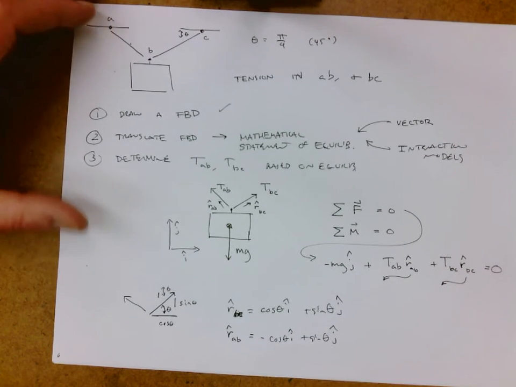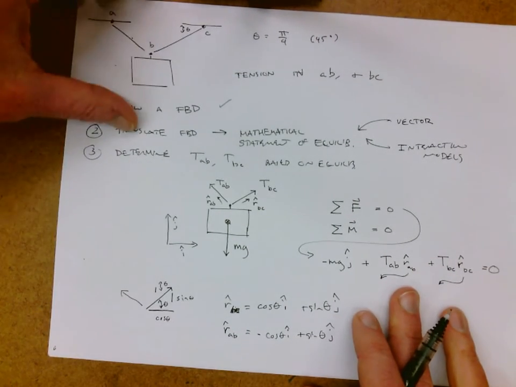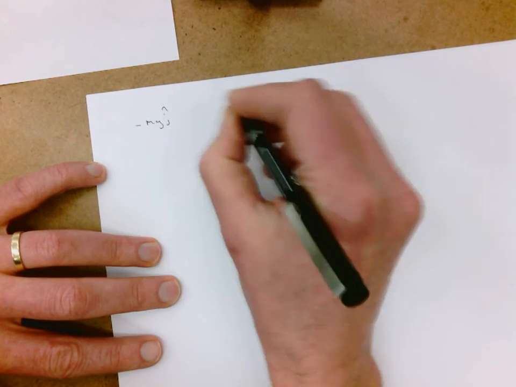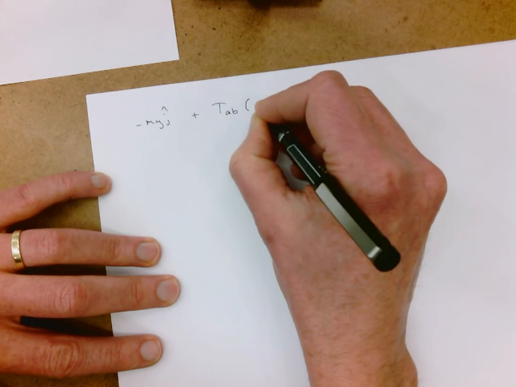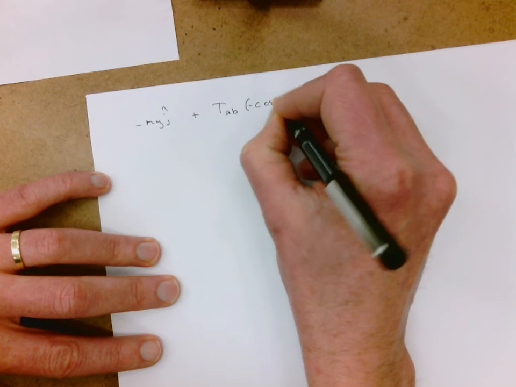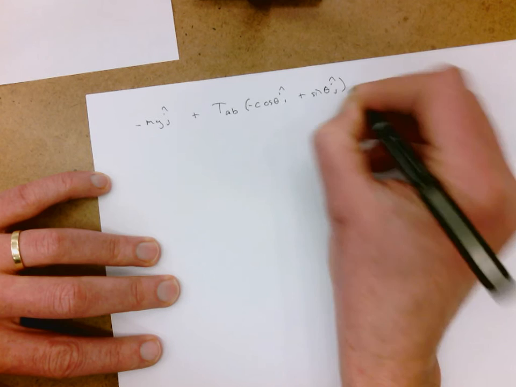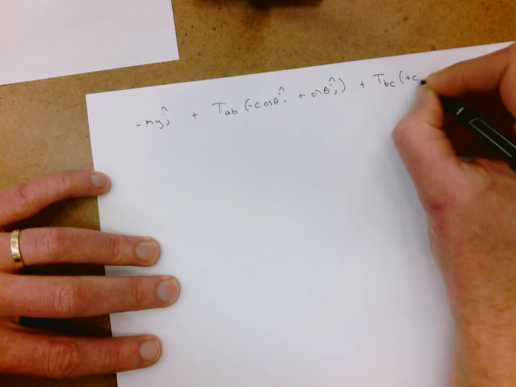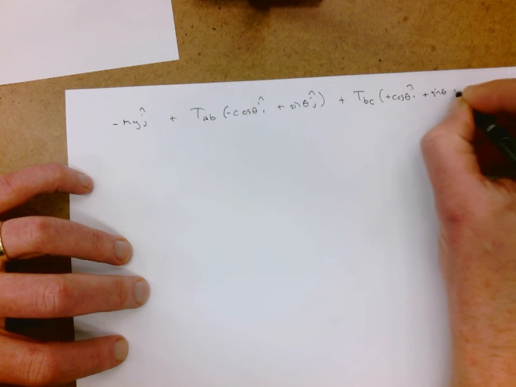Okay. So now I can actually write this expression out a little bit more explicitly, right? So let's go ahead and do that. I've got minus mg j hat plus TAB times minus cos theta i hat plus sine theta j hat plus TBC times plus cos theta i hat plus sine theta j hat.